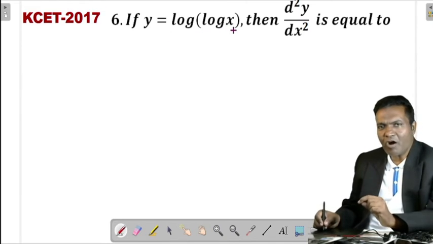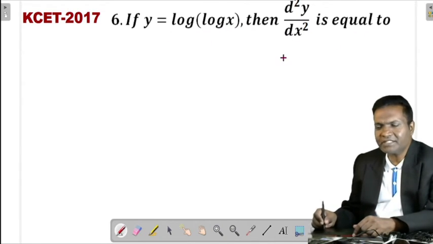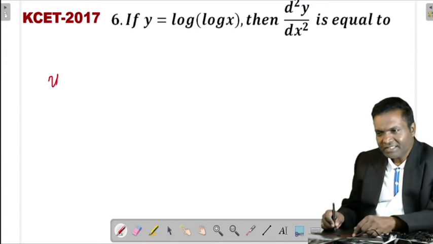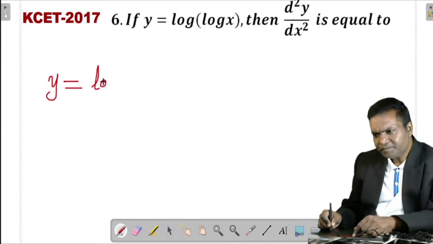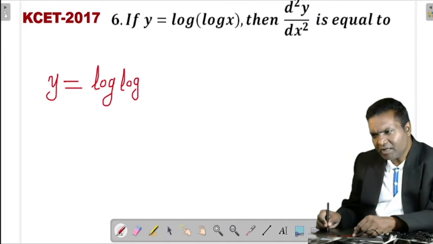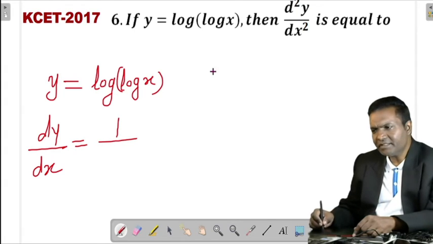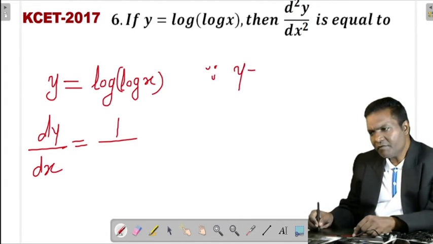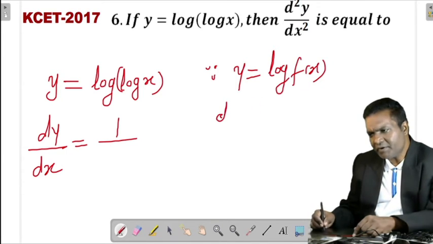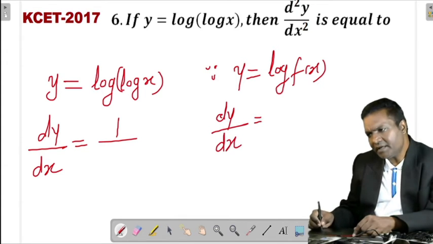If y equals log of log x, then d square y by dx square is how much? See here, y is log of log x, base e. First derivative, dy by dx. You know this: if y equals log of f of x, then its derivative dy by dx is 1 by f of x into f dash x.